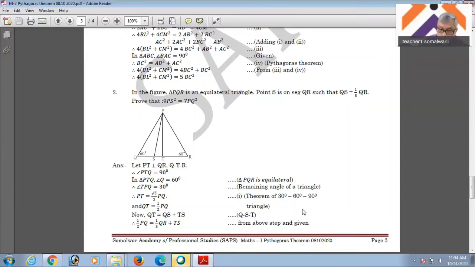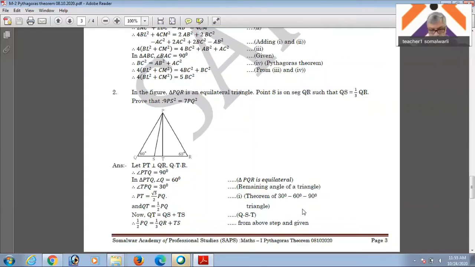To prove, we will consider right angle triangles in different steps, in different stages. So first, PT perpendicular to QR, and Q, T, R are collinear points. Now angle PTQ is equal to 90 and angle Q is equal to 60, being an equilateral triangle, and therefore QPT will become automatically 30.